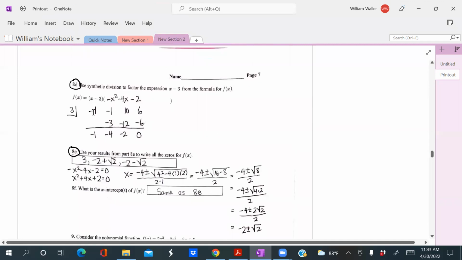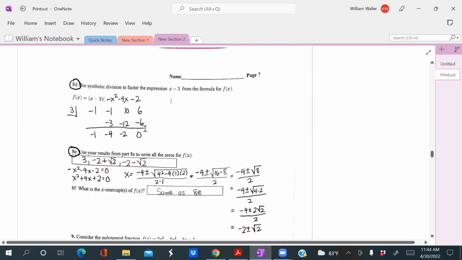So you write down -1, -1, 10, and 6, and now you just carry out the synthetic division, right? So bring down the -1, 3 times -1 is -3, -1 plus -3 is -4, 3 times -4 is -12, 10 plus -12 is -2, 3 times -2 is -6, -6 plus 6 is 0. So we get a remainder of 0 here.